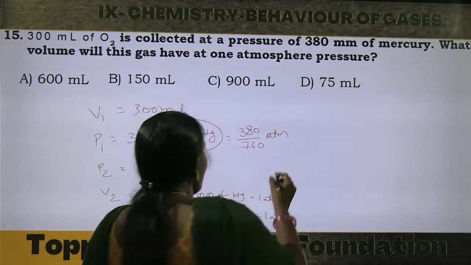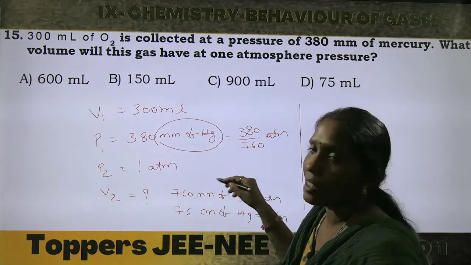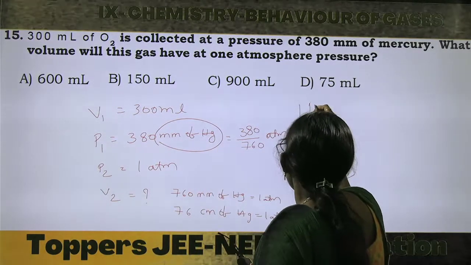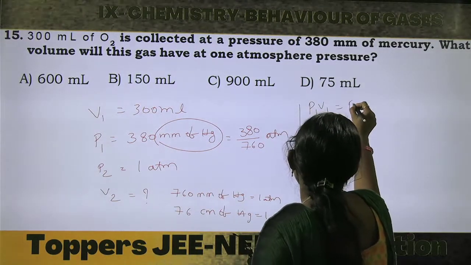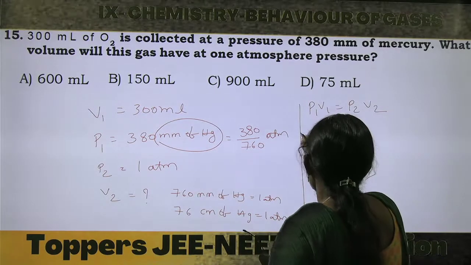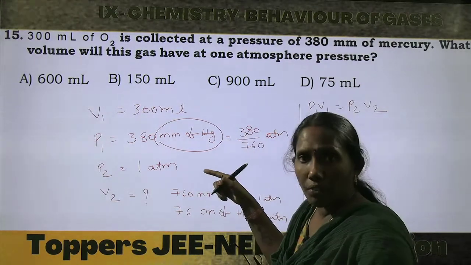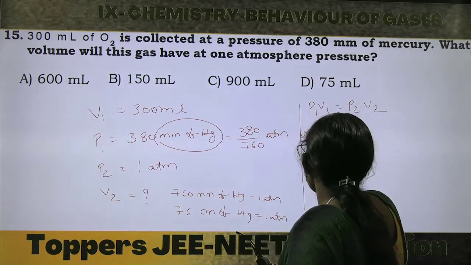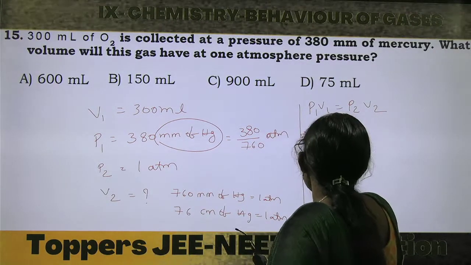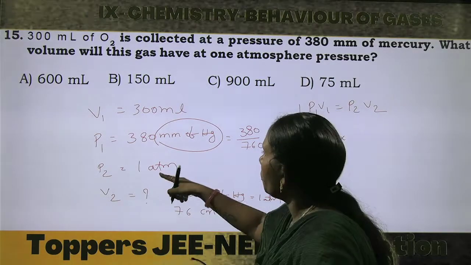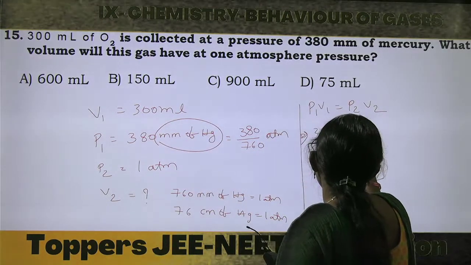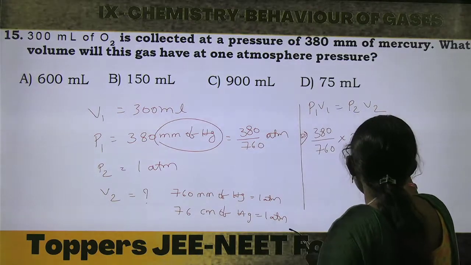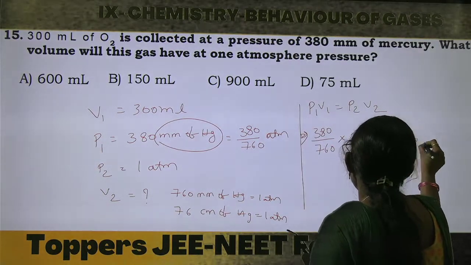So now we can do the problem. This is also a Boyle's law problem. We already know the formula, P1 V1 equals P2 V2. P1 is 380 by 760, into V1 which is 300, equals P2 which is 1 atmosphere, into V2.